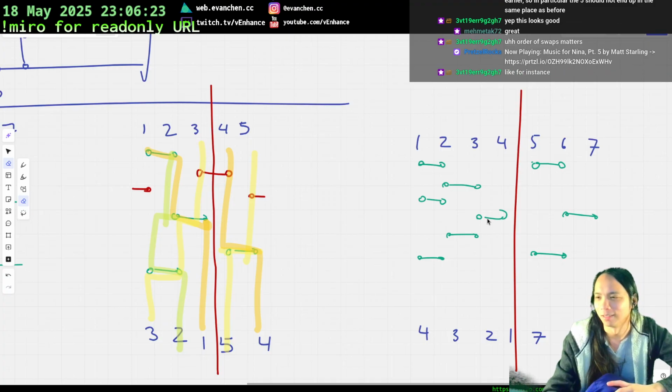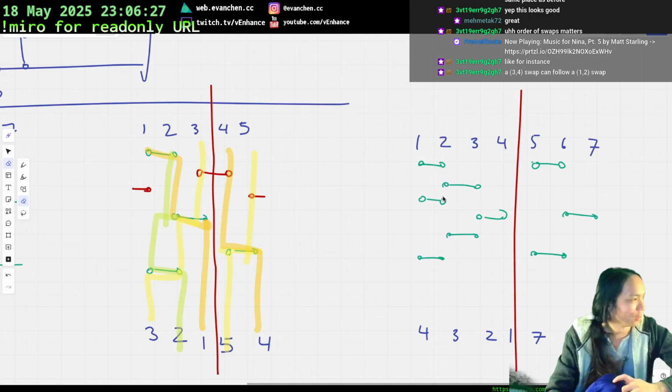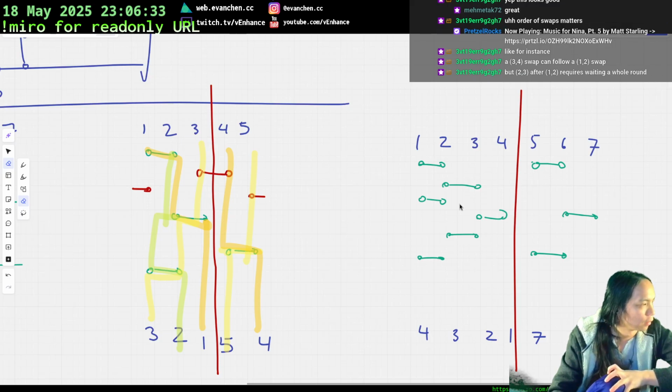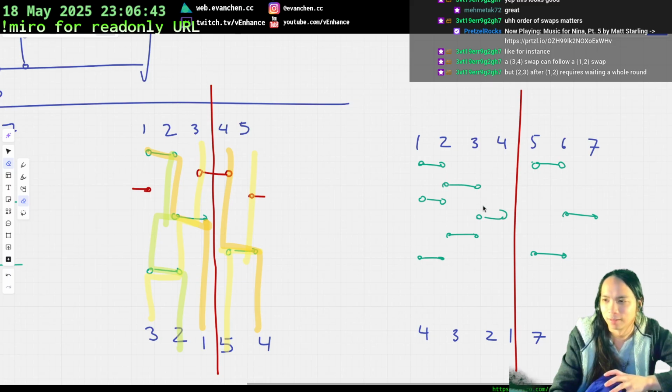I think. Also, is it 6? I just want a 3-4 swap to be able to follow a 1-2 swap. Yeah, I was just swapping these two in the middle because I didn't want to wait a whole 2 full rounds before this thing. Anyway, okay.